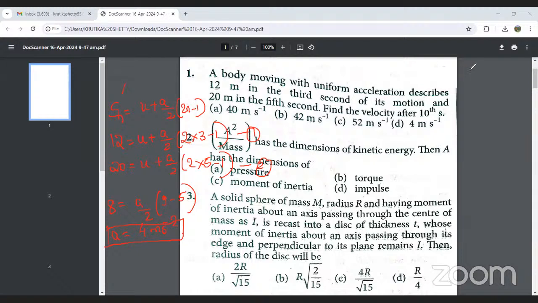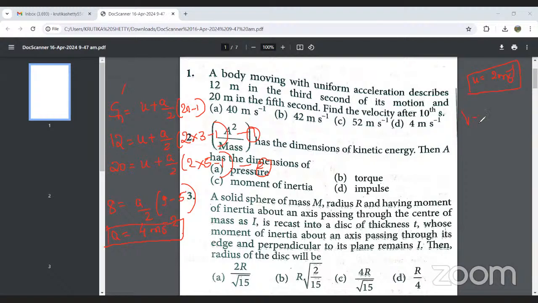If I use equation 1 here, the initial velocity comes out to be 2 meter per second. So substitute the acceleration, and you get the initial velocity equal to 2 meter per second.